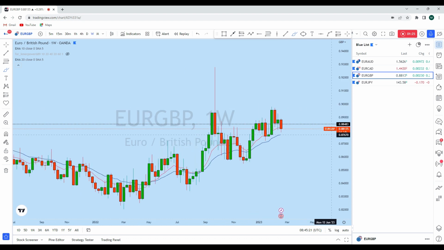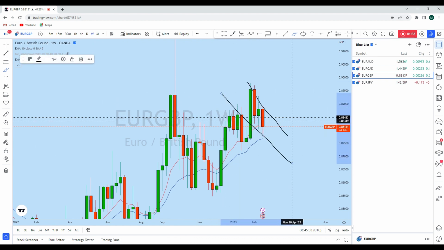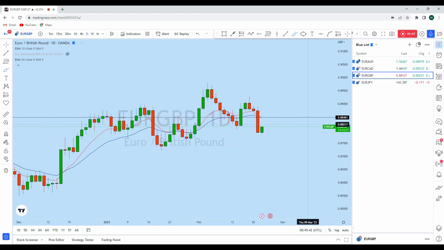Now, if you look at the weekly perspective on Euro GBP, there's a strong bullish candle followed by quite a few weeks of drop, a retracement to the downside, which created a bull flag. From that bull flag, Euro GBP is slowly bouncing back, which means we could potentially see Euro GBP going up.